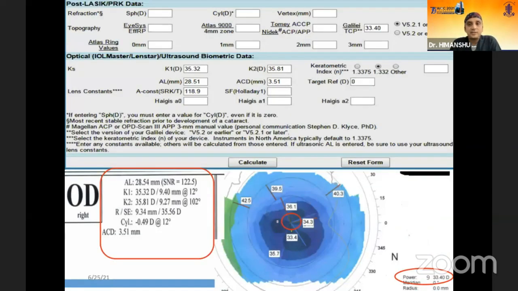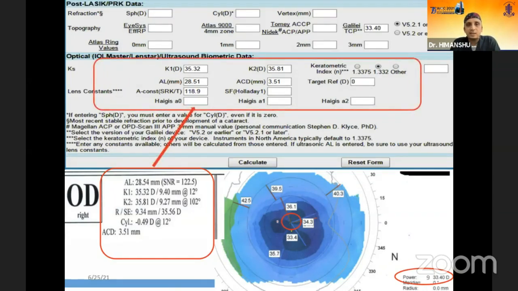Now let's calculate in the ACRS calculator. Remember, in the ACRS calculator, many things may not be there. There is no OpScan data field available for the central corneal power. Doesn't matter. If something is not available for one particular machine, it doesn't matter. If the principle is similar, you can utilize that. Now let's put in the keratometric data from the IOL Master, which is standard and absolutely fine.